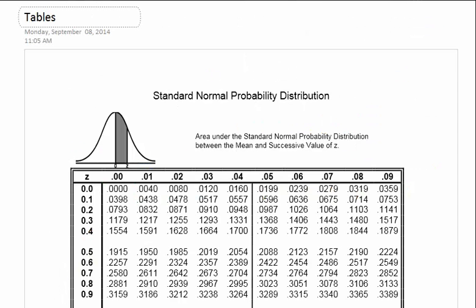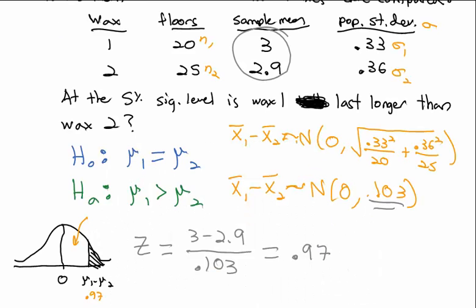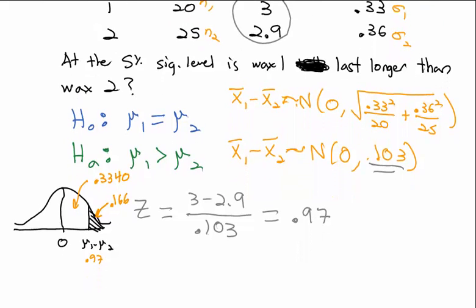So 0.97 off the table is 0.3340. So if we want the area off to the right, we take 0.5 minus 0.3340, and we get 0.166. So our p-value is 0.166.